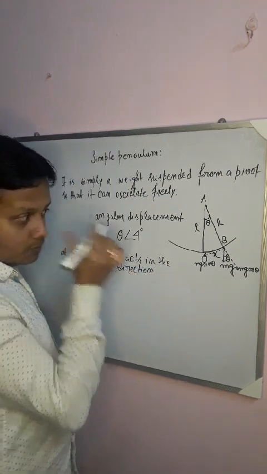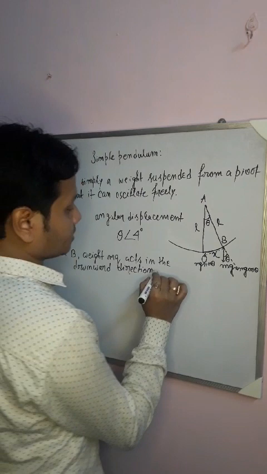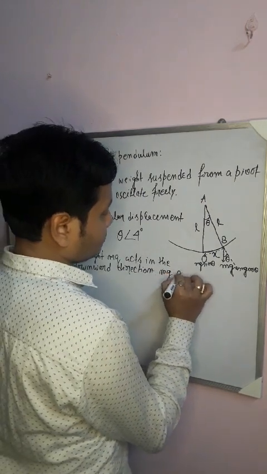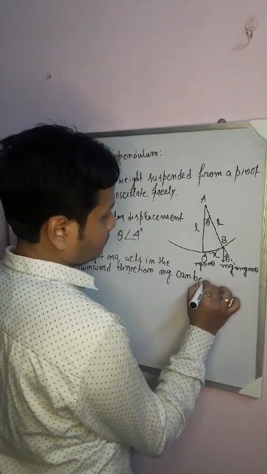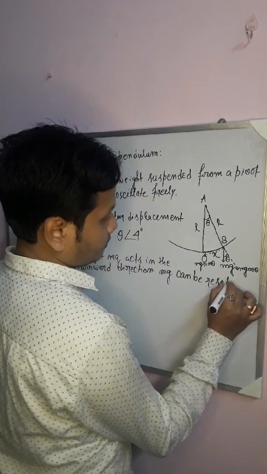So mg can be resolved into two components.